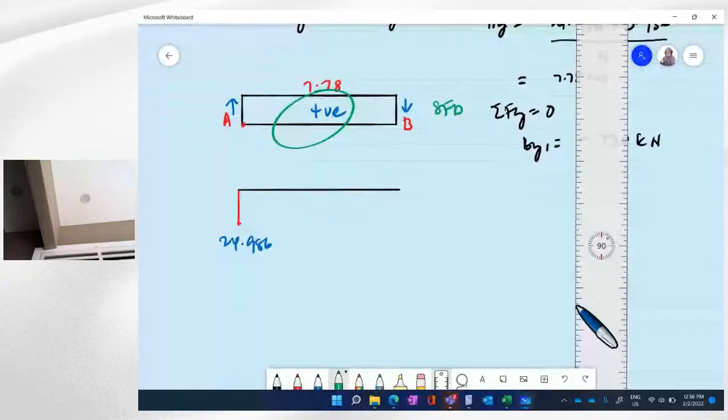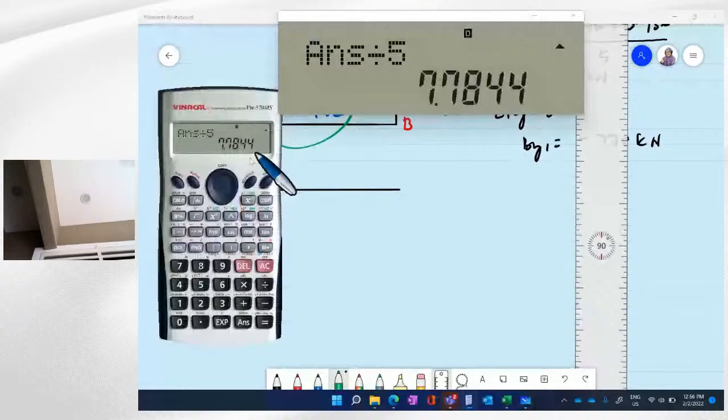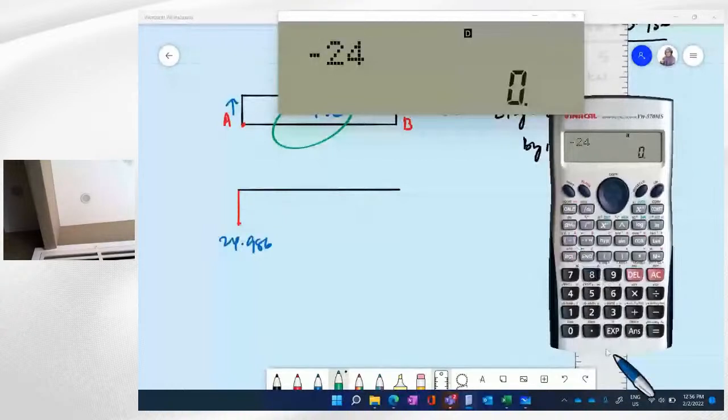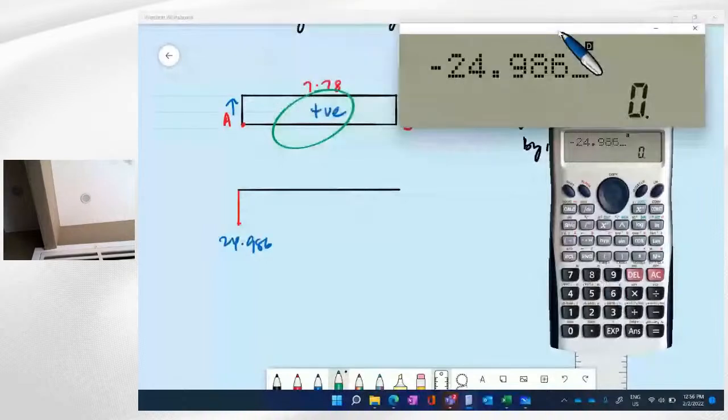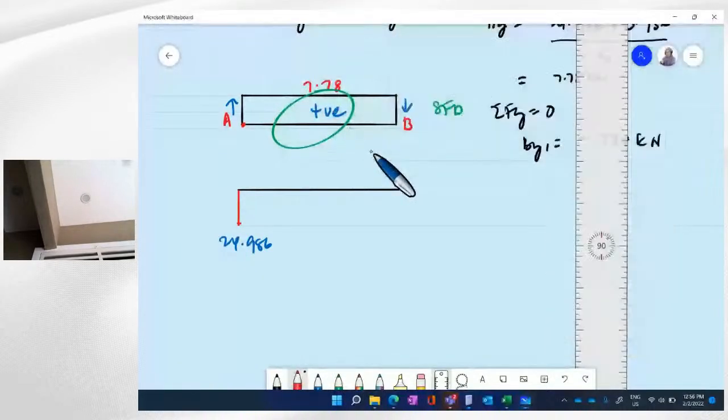So start with negative 24.986. We have to plus with 7.78 times 5 because the length is 5 meters.